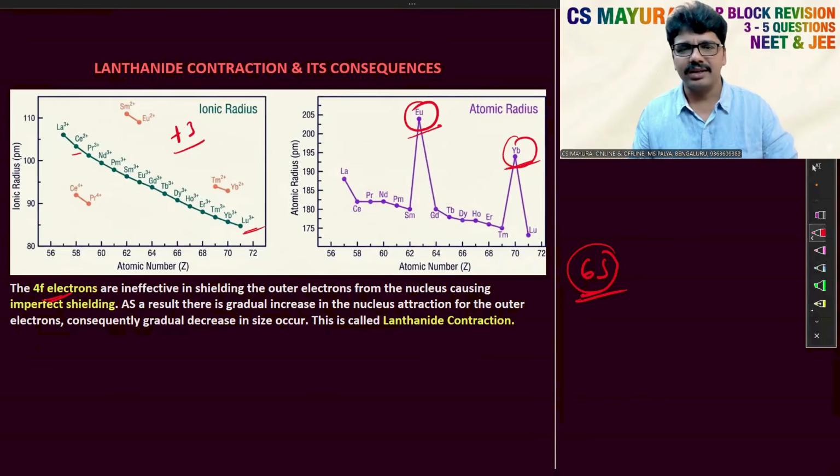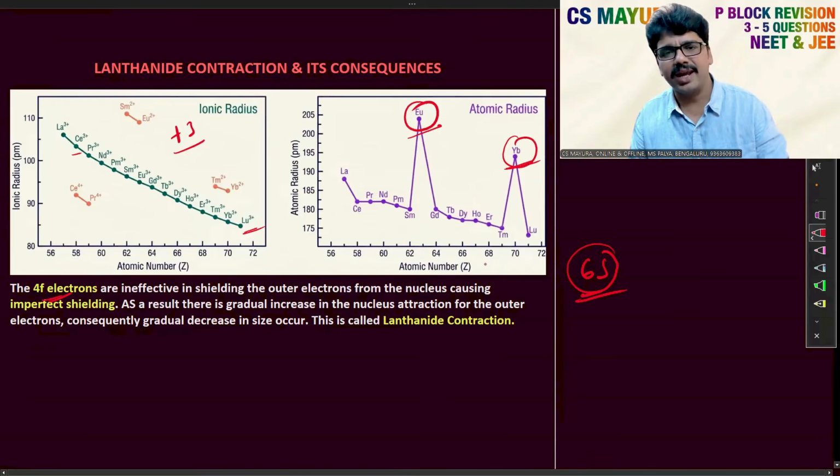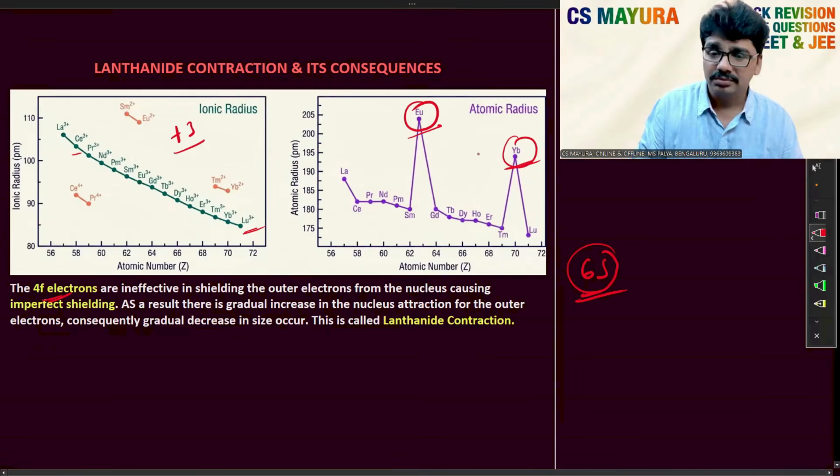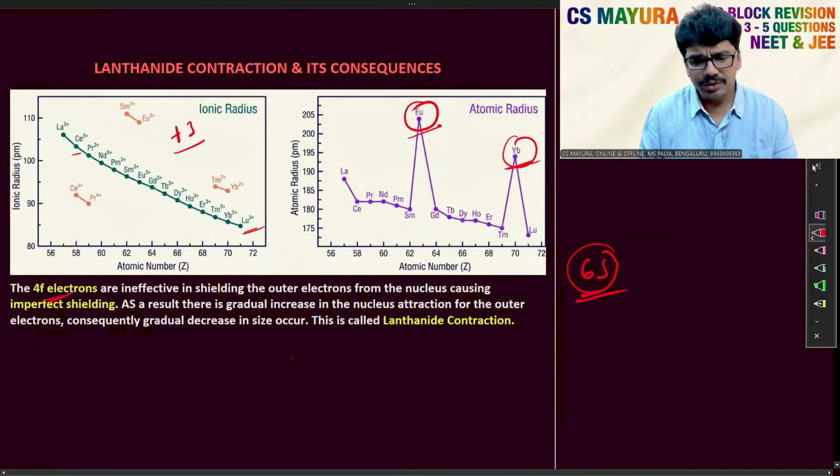According to lanthanide contraction, from one element to the next, there should be a gradual decrease in atomic size. In the ions of lanthanides, there is a gradual decrease in size, but in elements, there is no gradual decrease. So where is there no decrease in size? Europium and ytterbium.